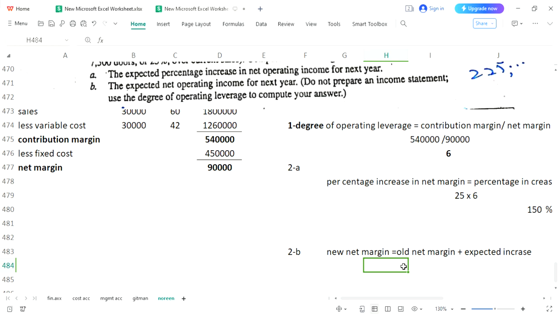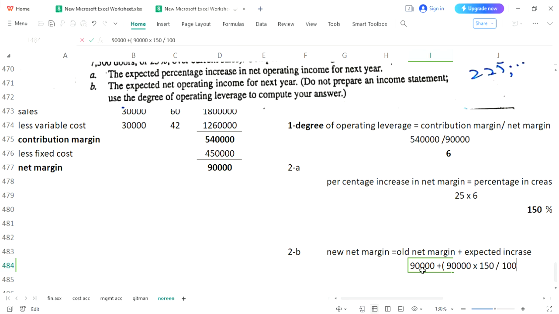Now here the old margin was 90,000, and you will add the increase. How? The expected increase: you have calculated over here that next year there will be a 150% increase in your margin. So you will use the same percentage over here. The old margin was 90,000 and 150% would be the increase. So you will multiply it by 150 and divide by 100.